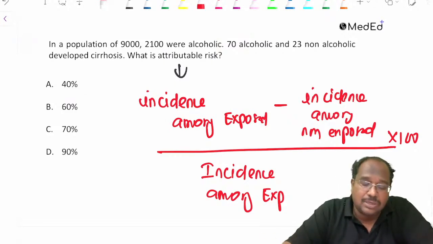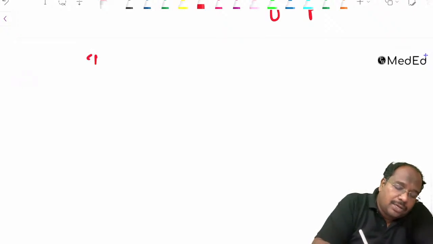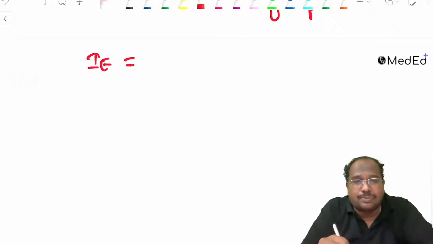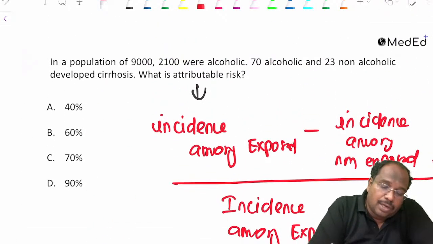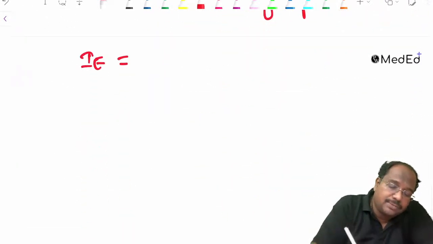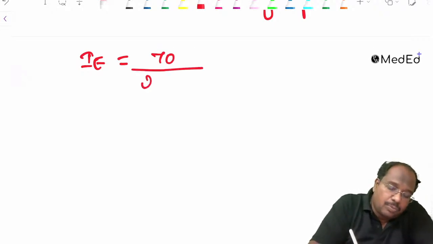Now, what is incidence? Incidence means number of new cases. Let me write in short form. Incidence among exposed is the number of new cases divided by the population at risk. The new cases are 70 among alcoholics, and the population at risk is 2,100, multiplied by 1,000.